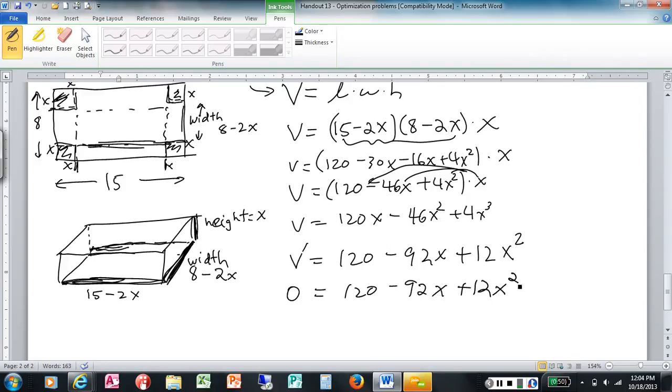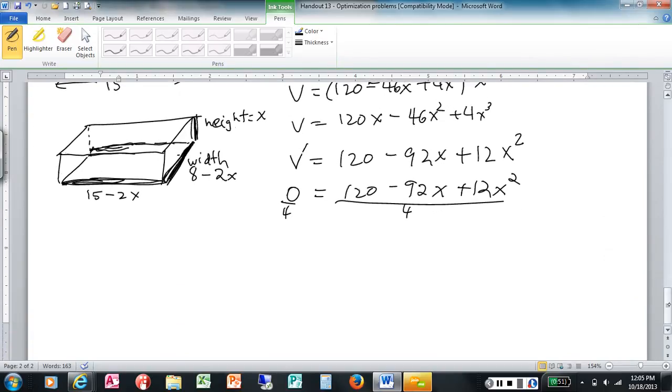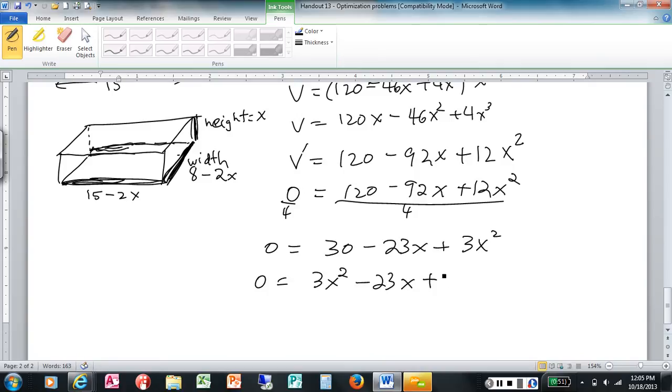Well, one thing I can see at least, does 92 divide by 12? No. I can divide all this by 4, to make it a little easier on myself. So I have 0 equals 30 minus 23x plus 3x squared, or 3x squared minus 23x plus 30.